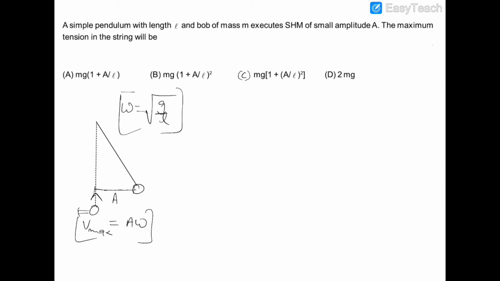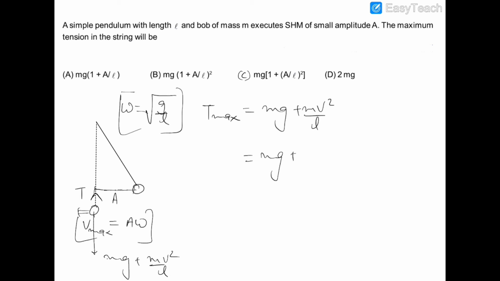The tension T will be maximum in the lowermost position of this ball, and this maximum tension will be equal to mg plus mv square by L. This is mg plus m by L, and v square will be A square omega square.